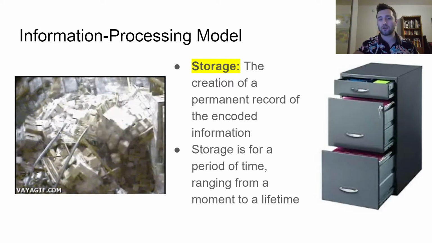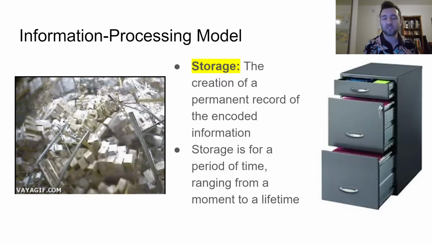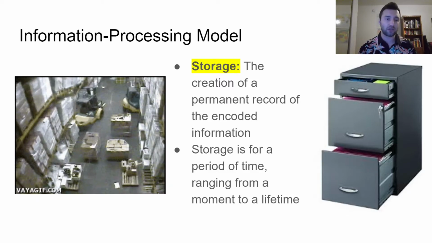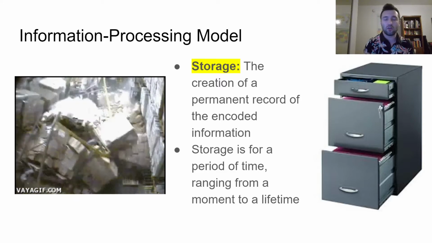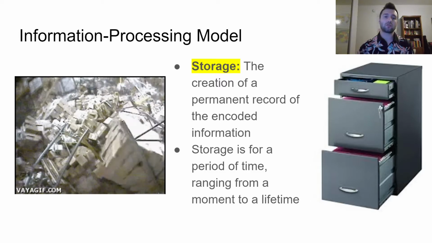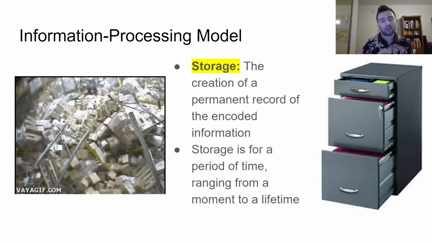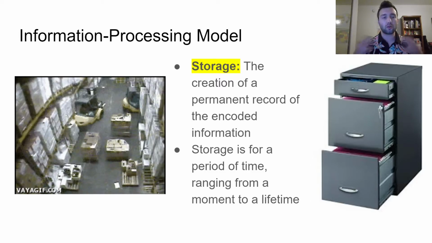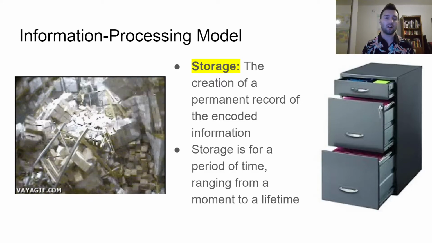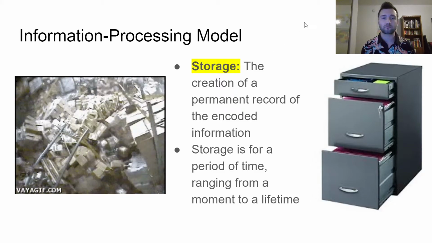We have to hold on to it. Like I mentioned before, this storage can be for incredibly different lengths of time. It can be for a few seconds, or it can be for our entire life. Storage is a lot of little things going on, but again, it's just holding on to the information once it has been brought in, keeping it in our minds.